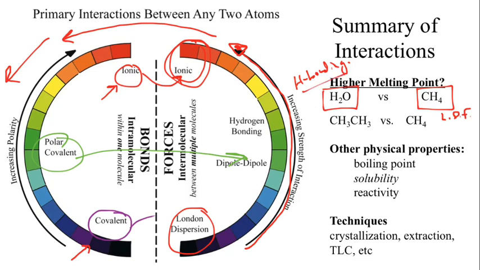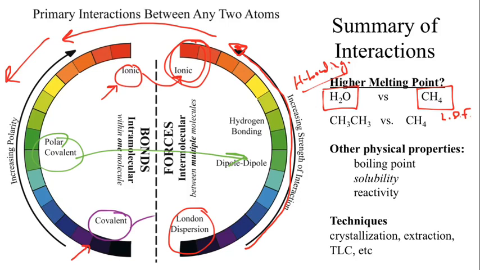Hydrogen bonding. That means it's going to require more energy to break water away from other water molecules than CH4 from itself, which would mean the higher melting point will go to water. So if we look at their physical states, water is a liquid, methane is a gas at room temperature. So clearly our observation holds true.